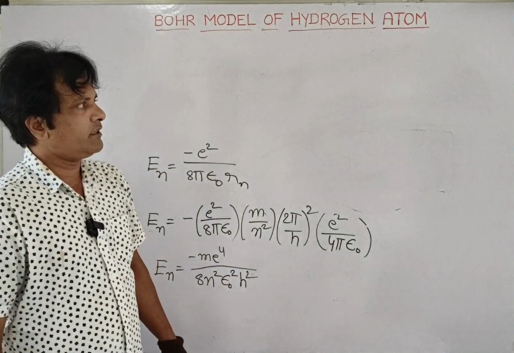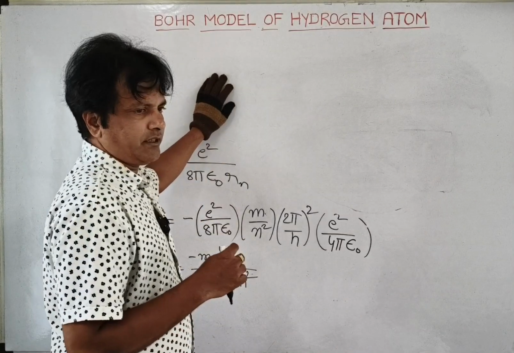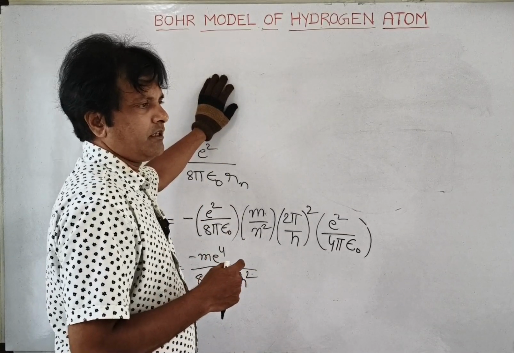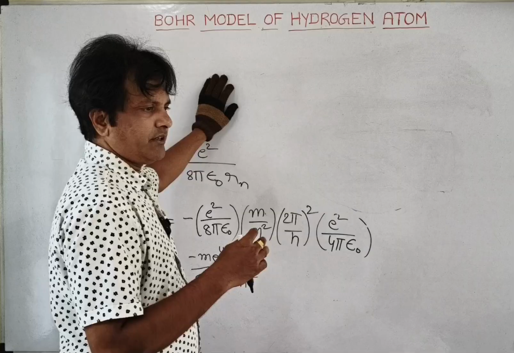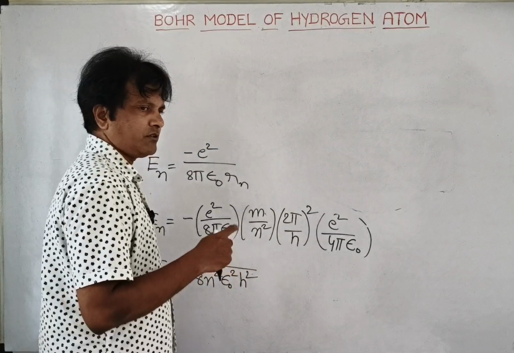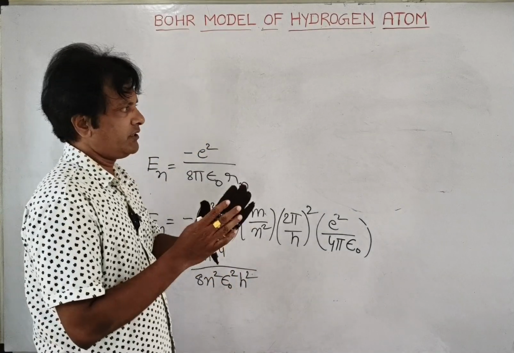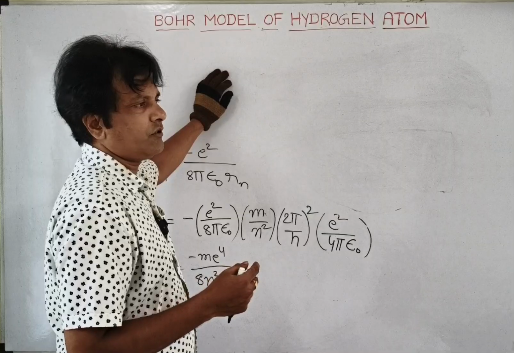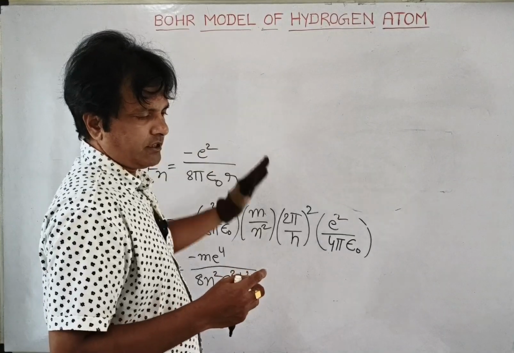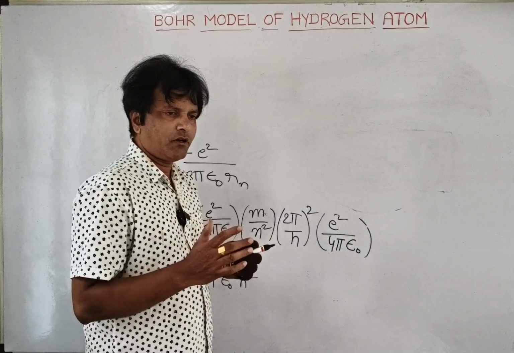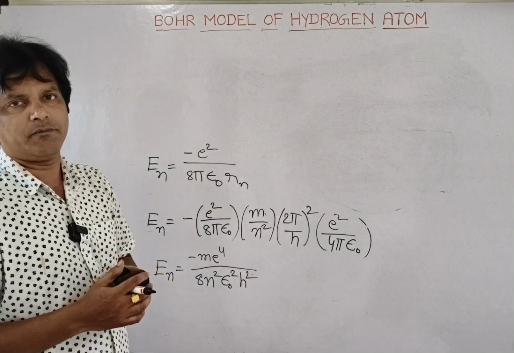But in practice, whenever the force is inversely proportional to the square of the distance between the objects, that kind of force makes the objects revolve in an elliptical orbit.